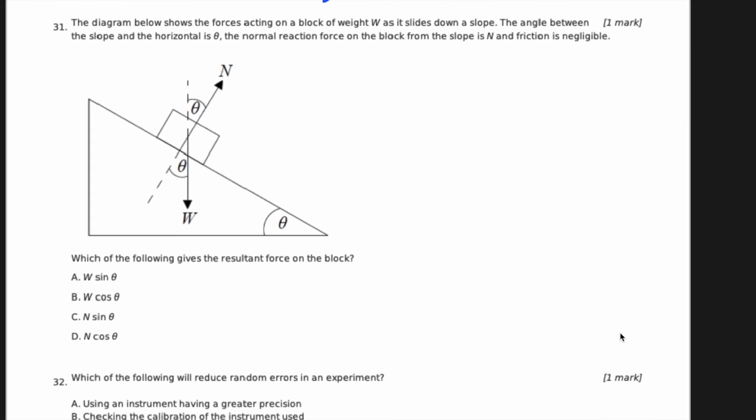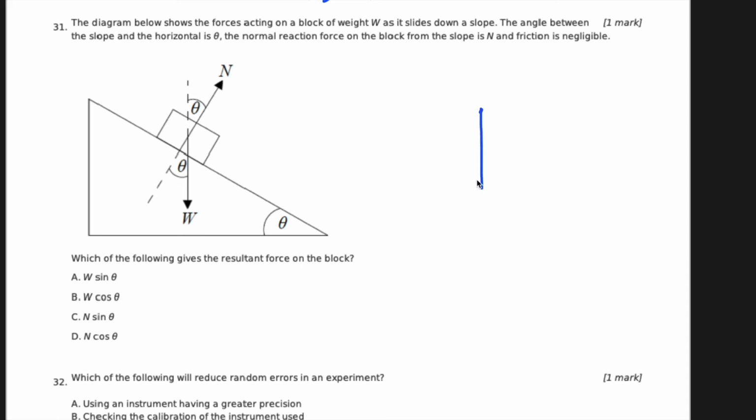The diagram below shows the forces acting on a block of weight W as it slides down a slope. The angle between the slope and the horizontal is theta. The normal reaction force on the block from the slope is N, and friction is negligible. Which of the following gives the resultant force on the block?